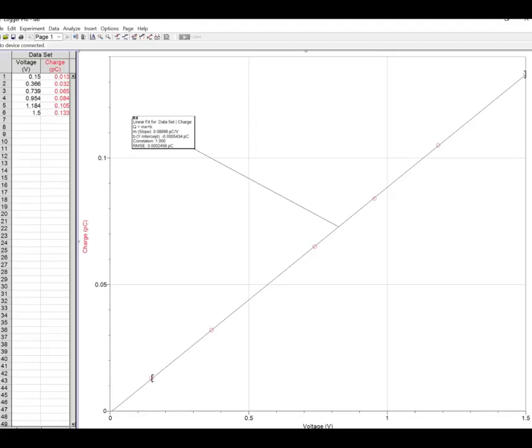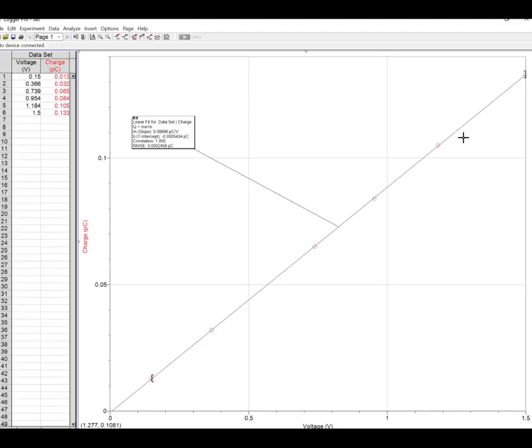So for a given capacitor, the voltage and the charge are directly related to each other, but they do not change the capacitance itself. Capacitance is only going to change if you change the geometry of the capacitor.